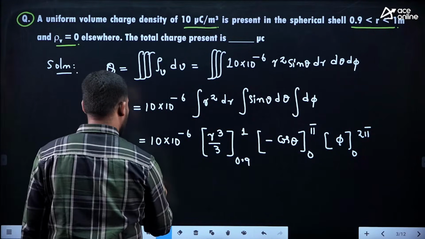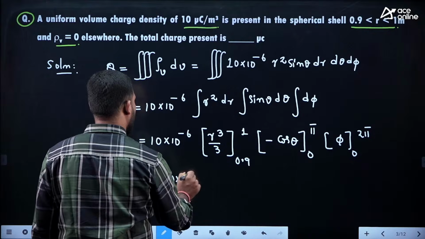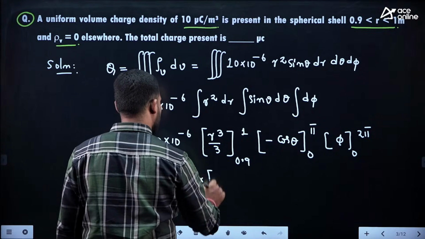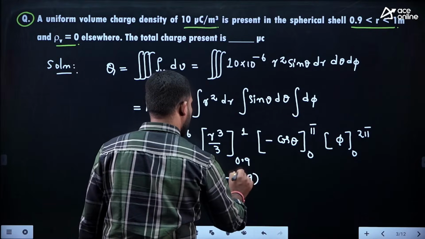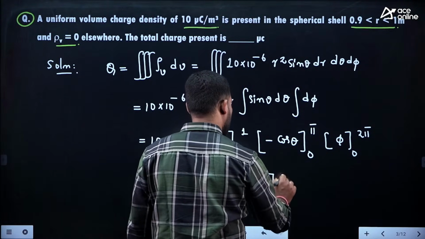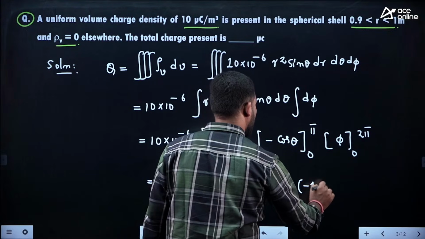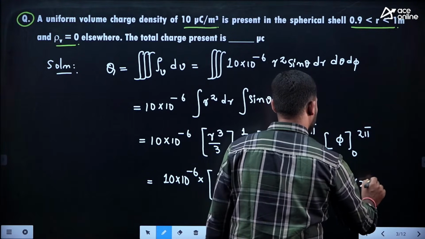Okay guys, substitute upper limit minus lower limit here. So it is 10 into 10 to the power of minus 6, into (1 minus 0.9 cube) by 3, into minus of minus 1 minus 1, into 2 pi.